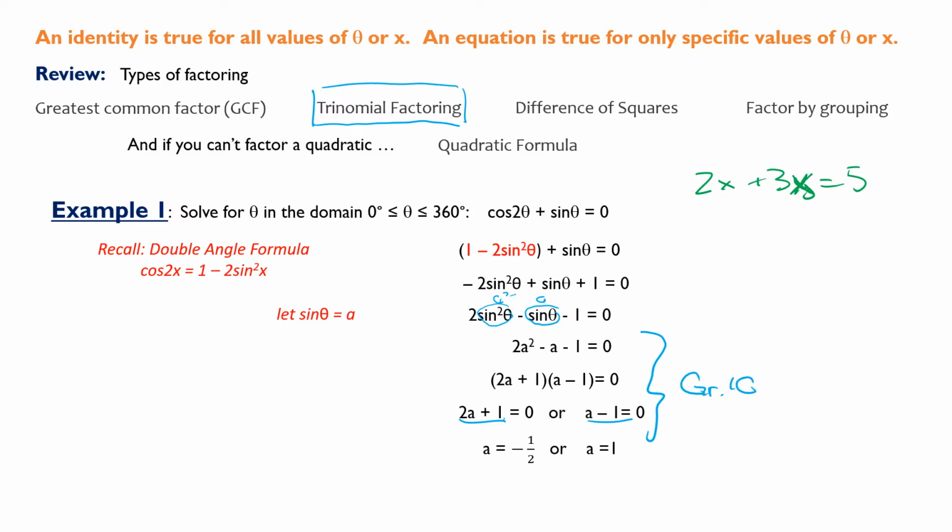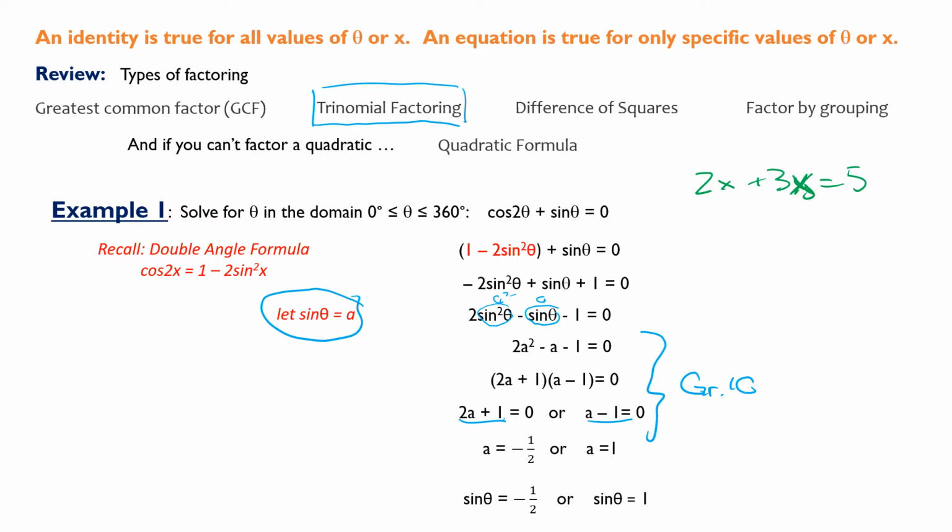So now remember that we actually put the a in ourselves. We have to go back and put a sine theta in for that. Sine theta equals negative 1/2 or sine theta equals 1. And now we have to solve this part.